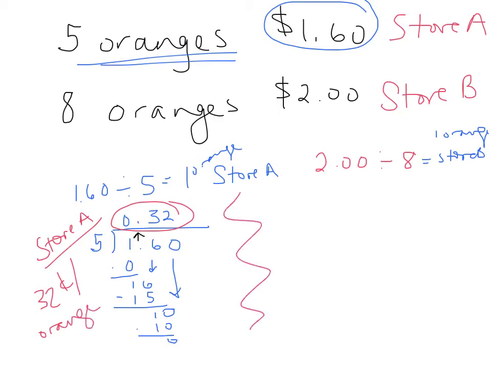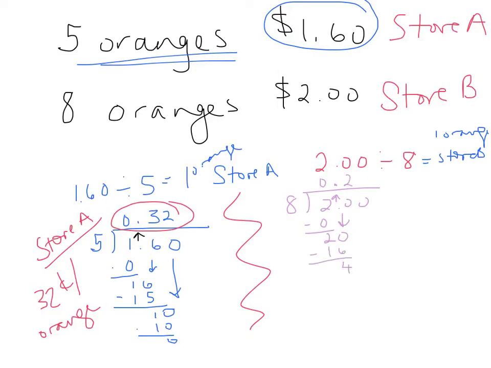Meanwhile, at store B, I would do the same sort of thing, except this time I have 8 oranges for $2. So let's see what I have here. I'm going to put my decimal straight up. 8 goes into 2 0 times. I subtract. I bring down the 0. 8 goes into 20 twice. I have a 16. I subtract.